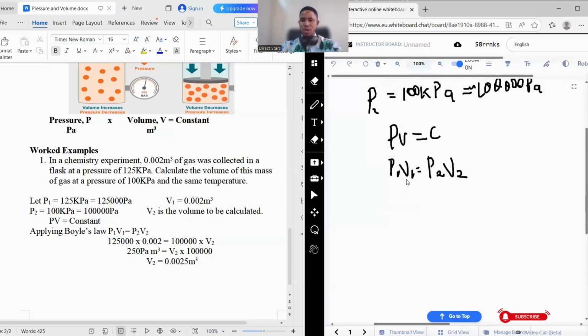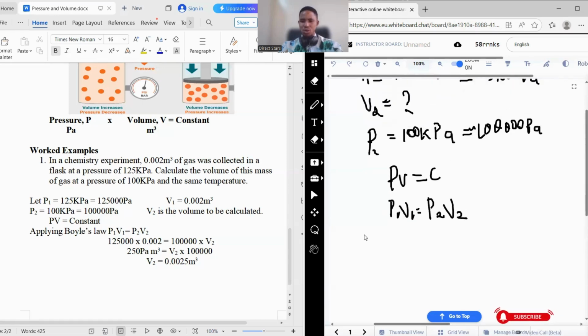So what is our P1? Our P1 is 125,000 multiplied by V1, which is 0.02, equals P2, which is 100,000 Pascal, multiplied by V2. We want to solve for V2. How do we solve for V2 here? We just divide both sides by 100,000.